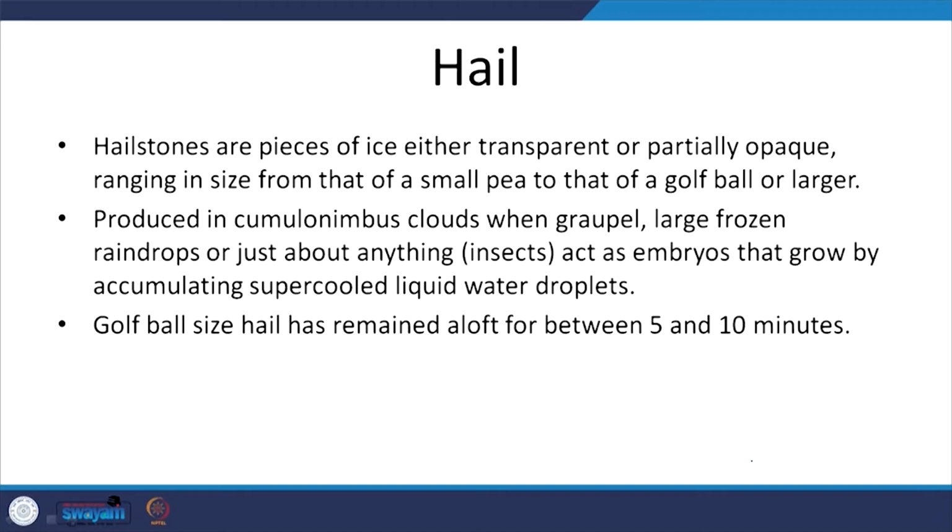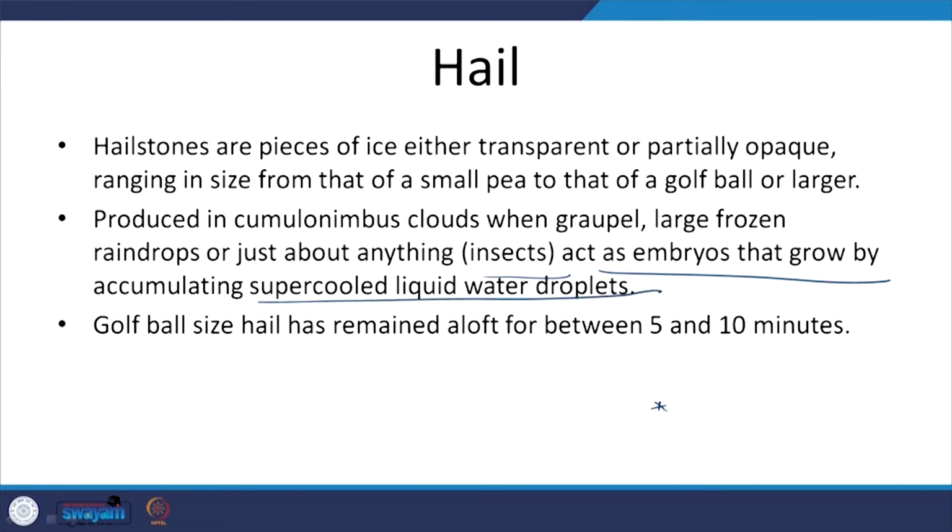Hailstones are pieces of ice, either transparent or partially opaque, ranging in size from that of a small pea to that of a golf ball or even to the size of a baseball, right. They are produced in cumulonimbus clouds when graupel, large frozen raindrops, or just about anything, even insects, act as embryos that grow by accumulating supercooled liquid droplets.